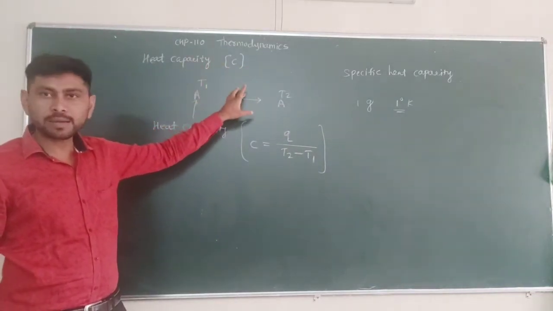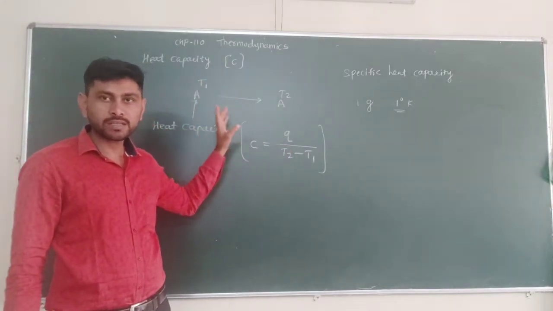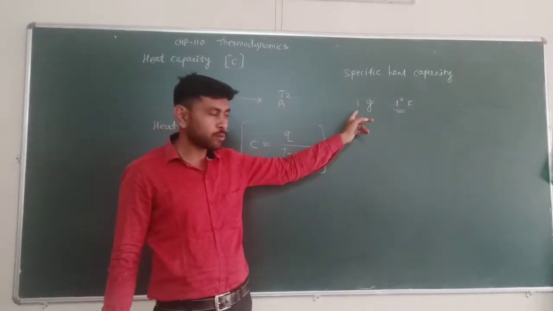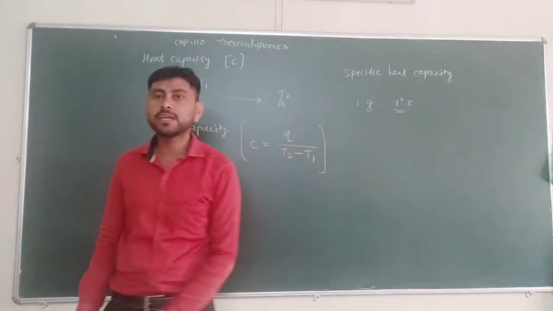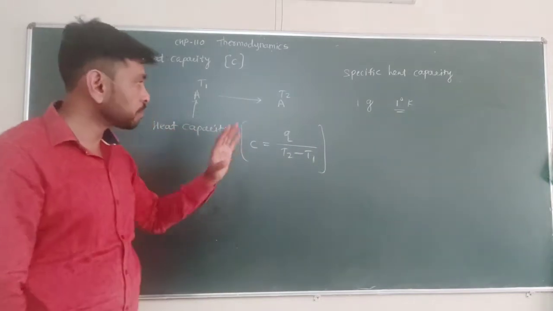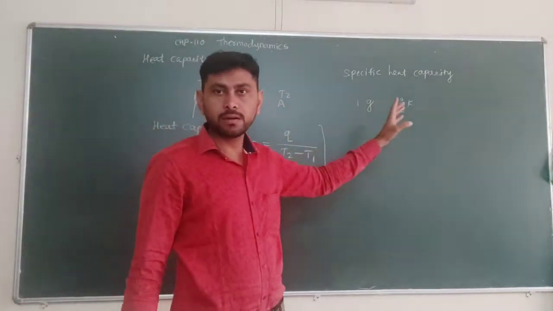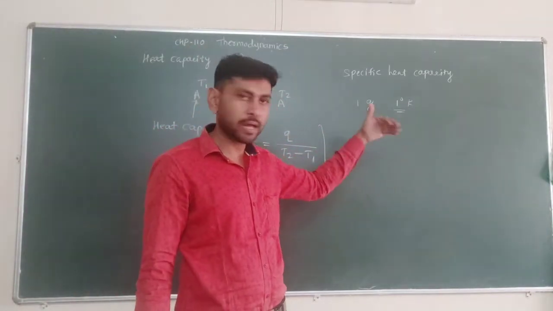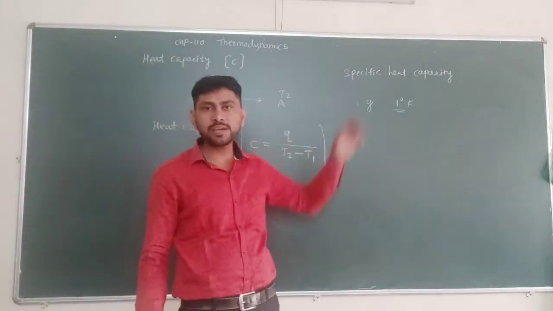The specific heat capacity is the amount of heat required to raise the temperature of 1 gram of substance through 1 degree. So we are specifically mentioning 1 gram of substance and 1 degree temperature increase, so it is called specific heat capacity.